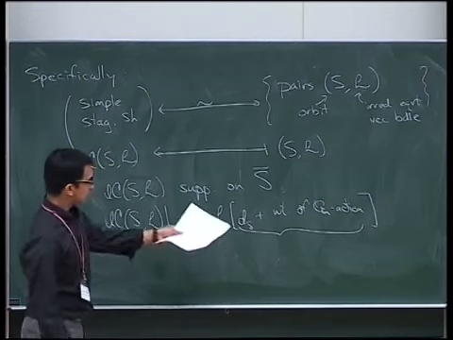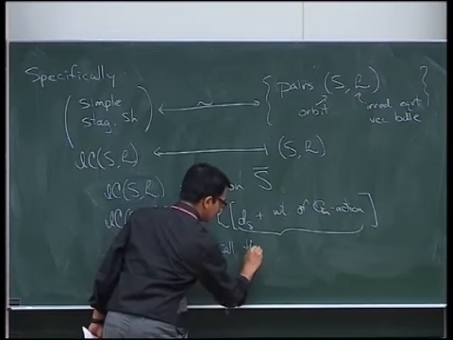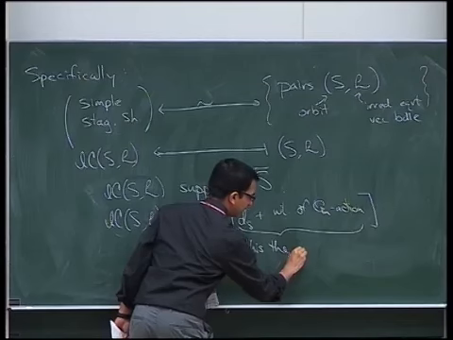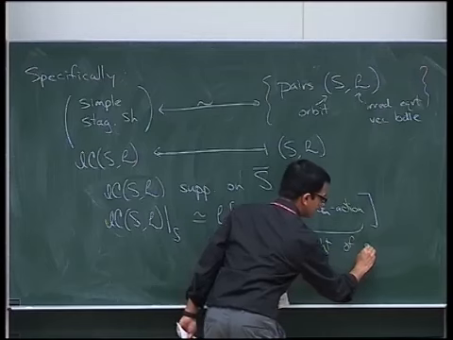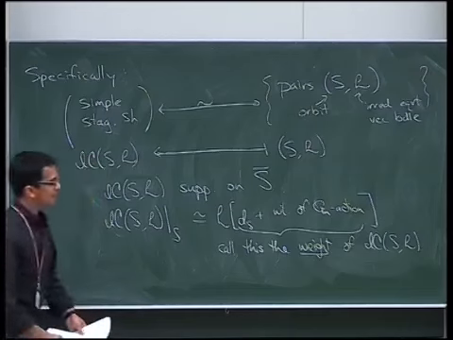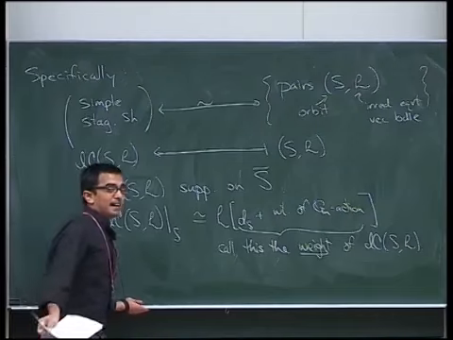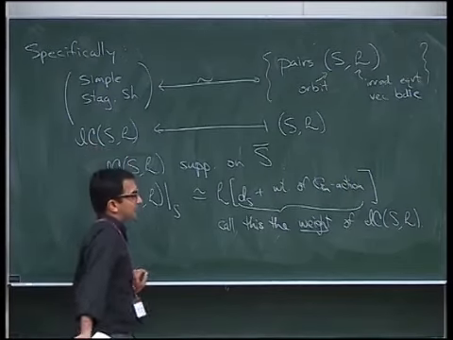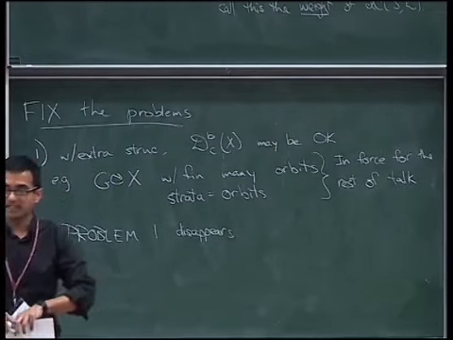Let's call this number in brackets the weight of IC_{S,L}. And here I mean weight in the sense of eigenvalues of Frobenius, not weight meaning character of a torus.